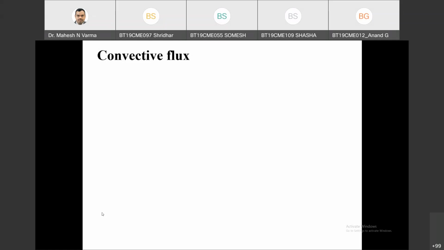Okay. So I will tell you that is altogether wrong. Fundamentally wrong. h into delta T is not a convective flux. So Sridhar, where is the bulk motion in h into delta T? How is bulk motion accounted in there?